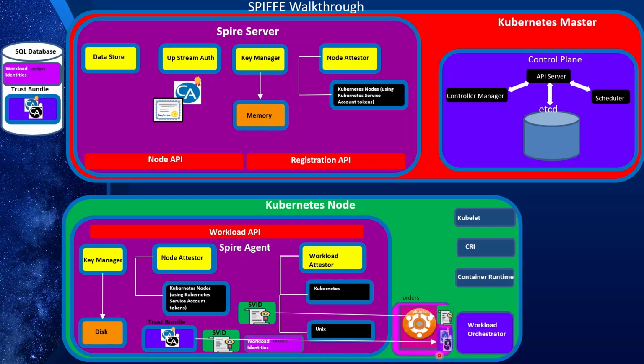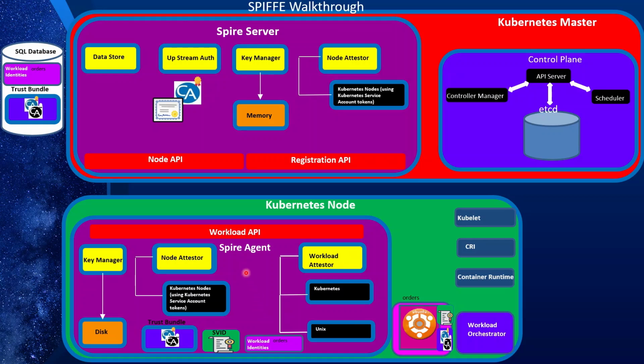Now the pod has the identity. Its identity is signed by the CA here, and it also has a trust bundle. And so it can now participate in mutual authentication. And note that these identities are very short-lived. The certificates expire very quickly.